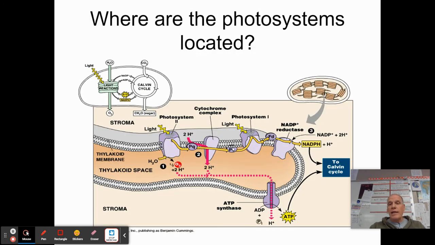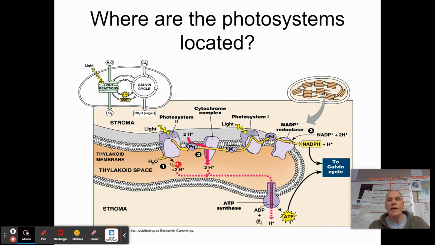Plastocyanin transports those electrons to photosystem 1, where once again they're boosted up to a higher energy state by light, and go to another mobile protein element called ferredoxin, which then brings those electrons to the big protein complex called NADP reductase. It takes NADP+, some protons, plus the electrons from the electron transport chain in order to reduce NADP+ into NADPH.